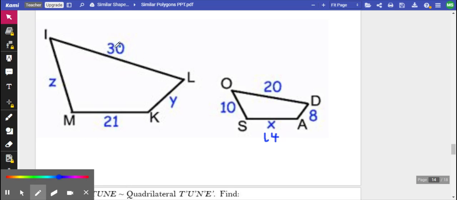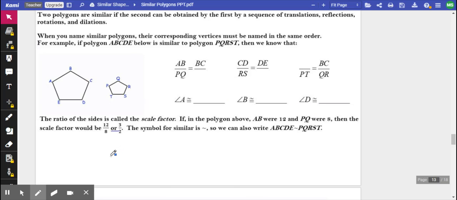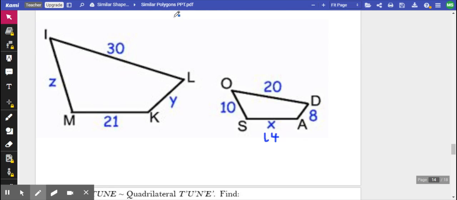But basically, we would just take our 30 over 20, similar to how we did the big over small, 12 over 8. So I could just do 30 divided by 20. 30 divided by 20 is equal to 1.5. And that is going to be equal to our scale factor.